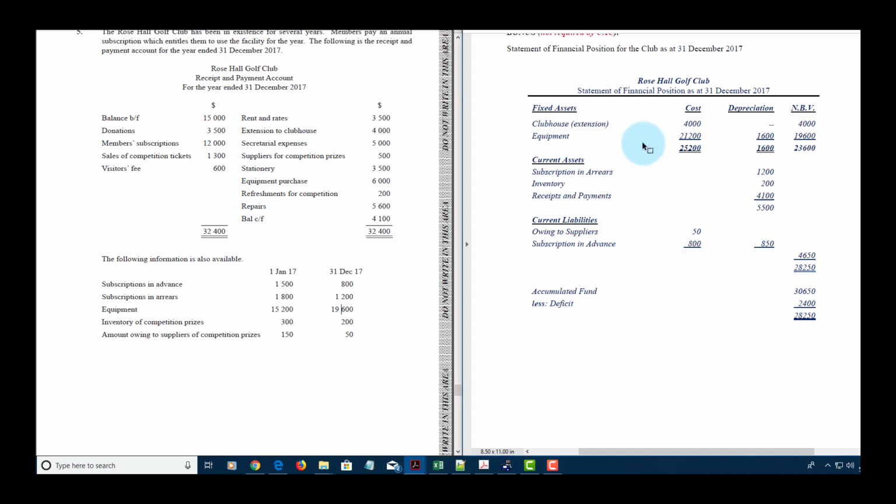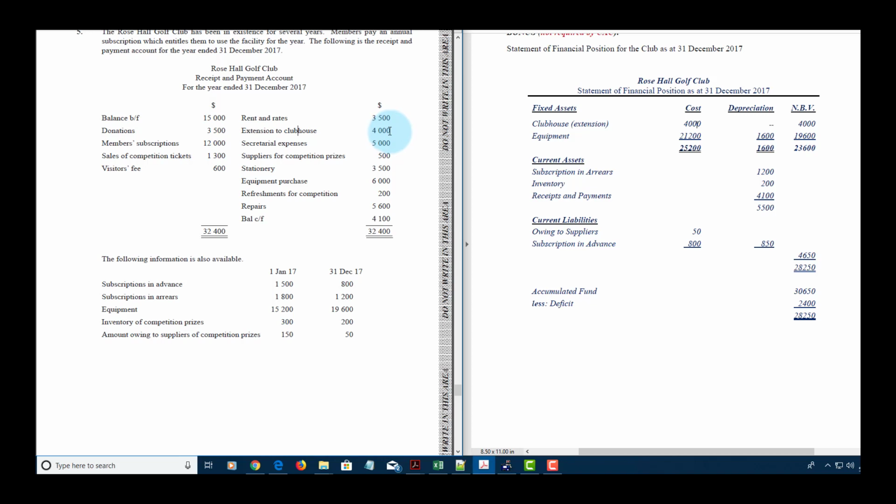Alright, finally we have a statement of financial position as at 31st December 2017. In other words, a balance sheet. We have our fixed asset, the clubhouse, $4,000. That $4,000 is given here, extension to clubhouse. Now that would be considered capital expenditure.